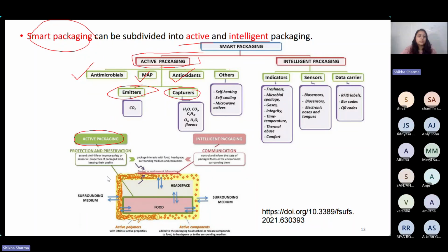So basically it extends the shelf life and improves the quality of the packaged product, because the active ingredient will provide some property which will interact with the microorganisms.